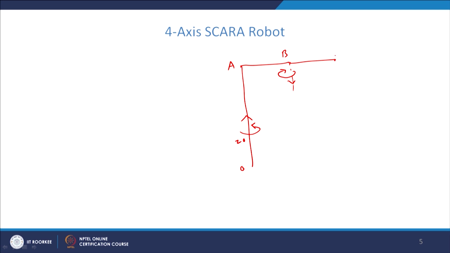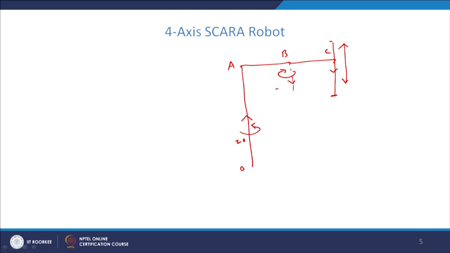So, the rotation at this joint is performed in the direction opposite to the Z0 direction. Then at this joint C, there is a sliding movement, it is a prismatic joint. This joint will enable the link to move up and down in the vertical direction. According to the DH algorithm, the sliding direction is the Z axis.